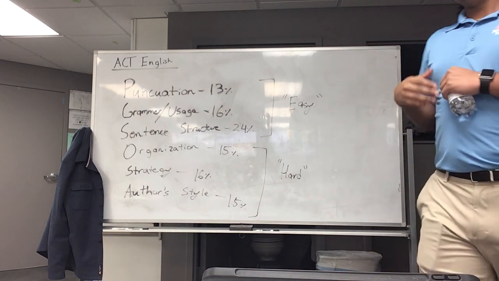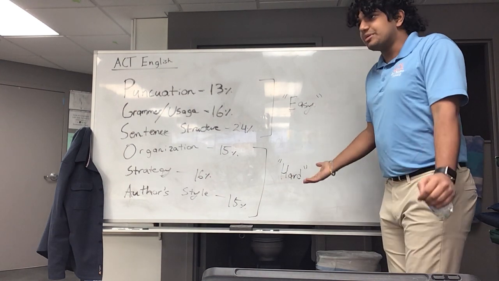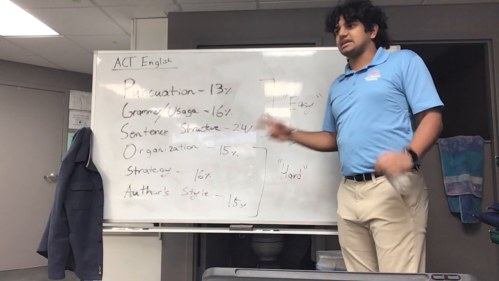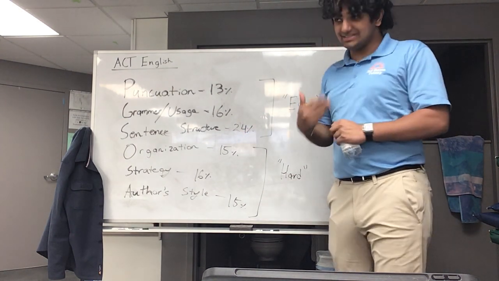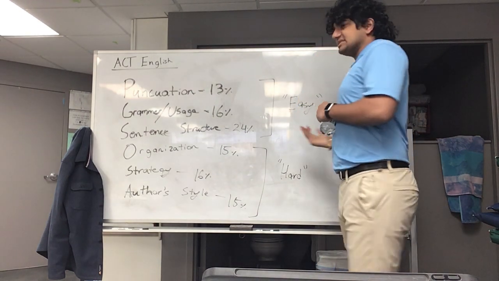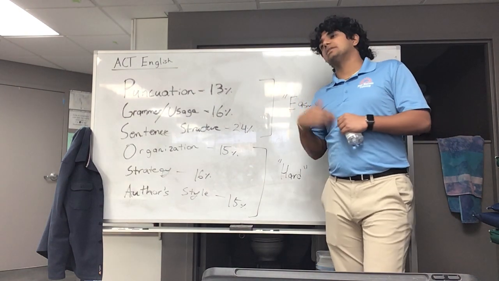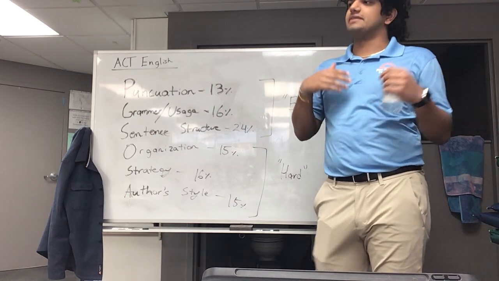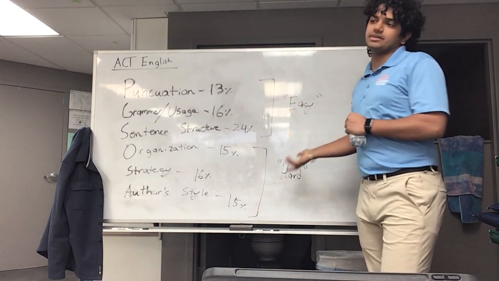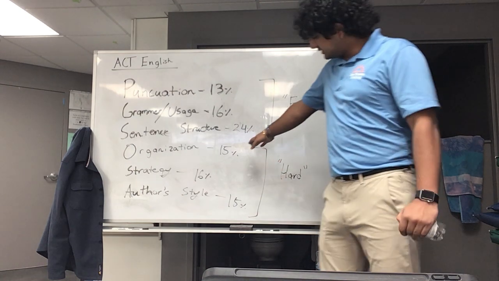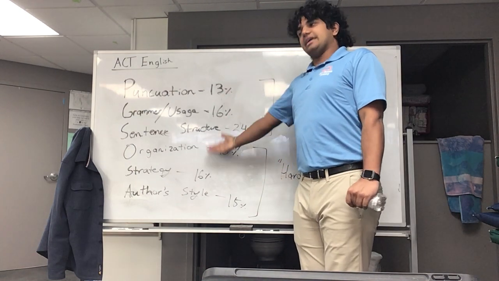In general, people tend to get the type of questions that I consider easy right more often, but that doesn't mean those questions are easier. The reason I classify them this way is because they take less time. They're not going to require you to think as hard. You're not going to have to do anything abstract. There's going to be a rule that I'll teach you, and if you follow the rule, you'll get the question right.